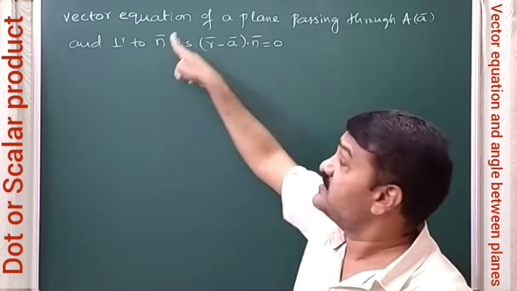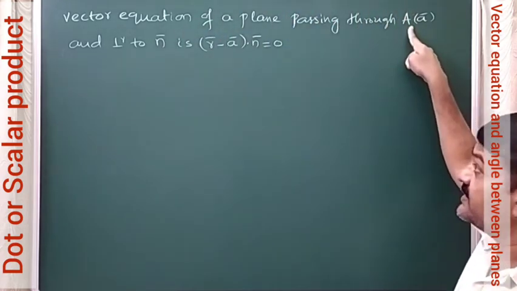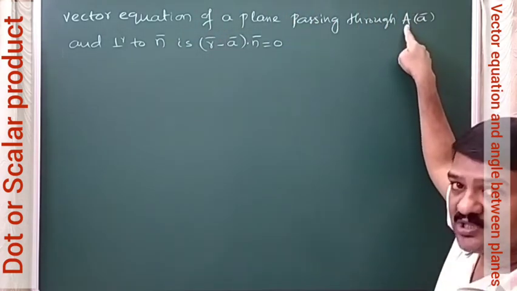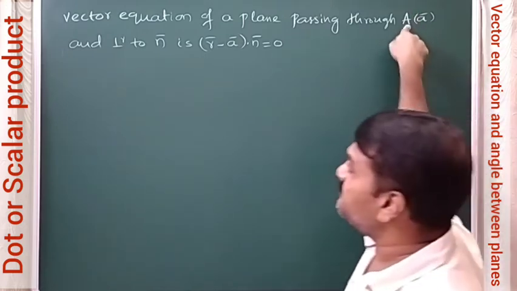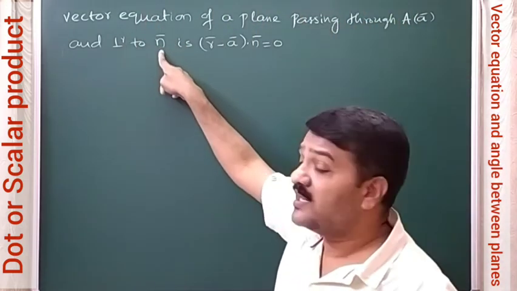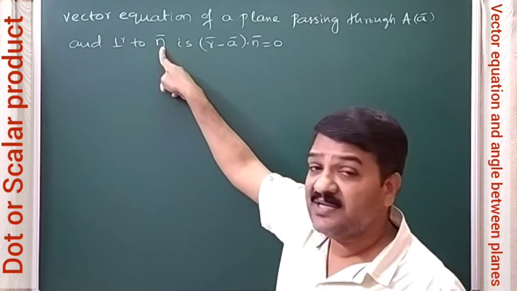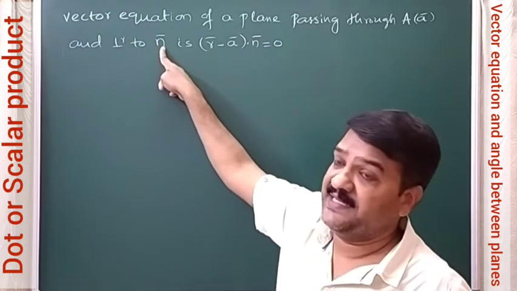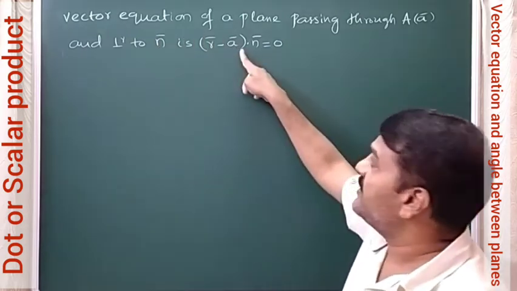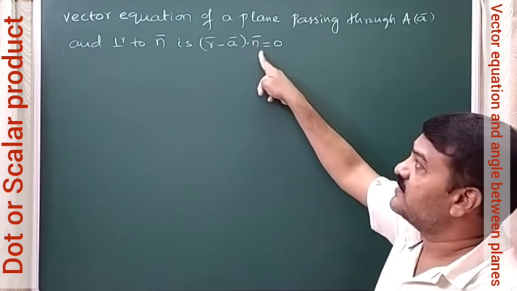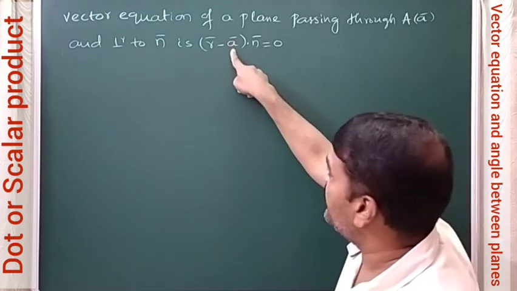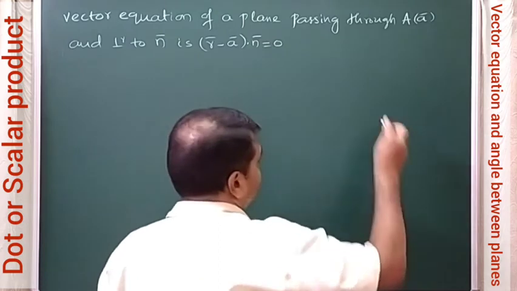So plane is passing through capital A means this point lies on the plane, and if plane is perpendicular to n bar, that means n bar will act as normal to the plane. So this is the vector equation of the plane passing through A bar perpendicular to n bar.